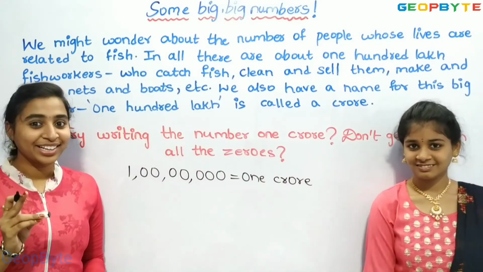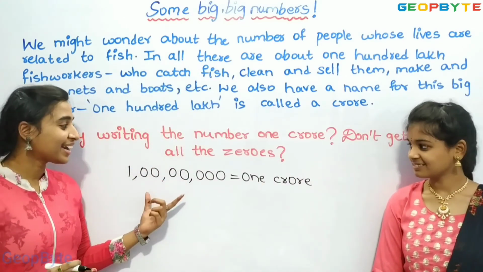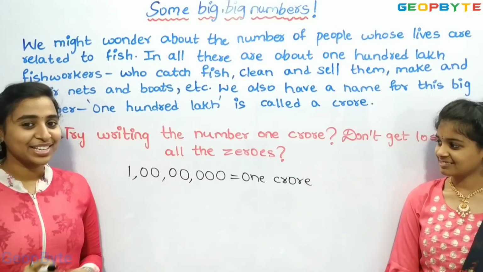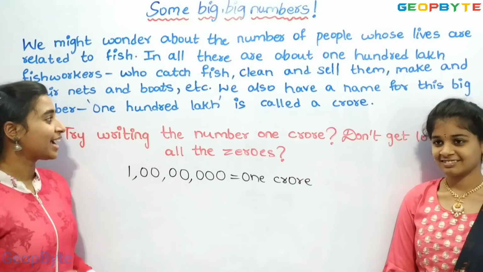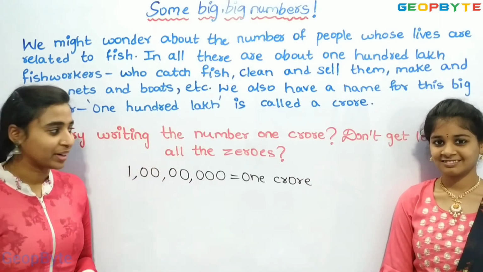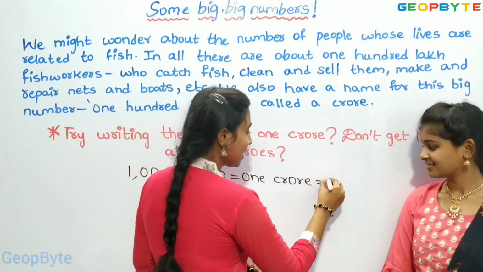Children, we didn't get lost in writing all the zeros. We have 7 zeros. Simply remember that 100 lakh is called a crore.